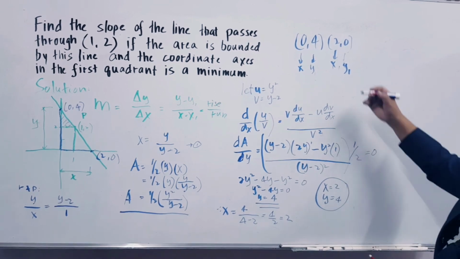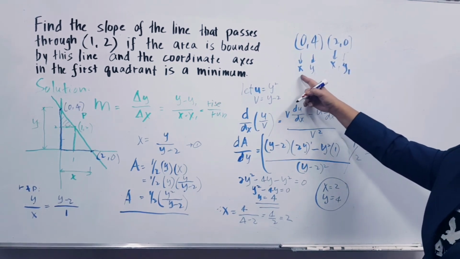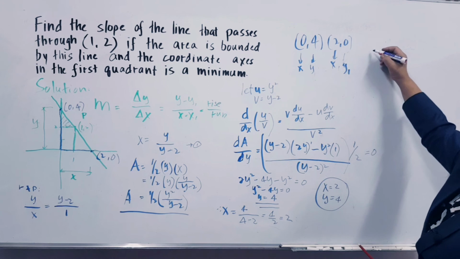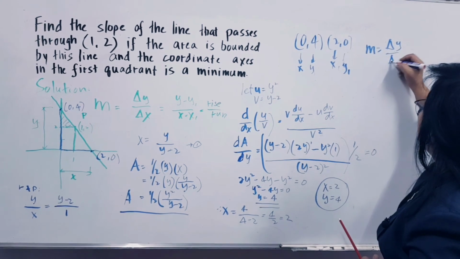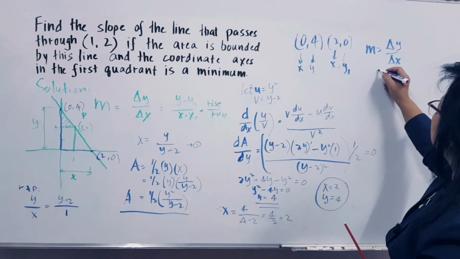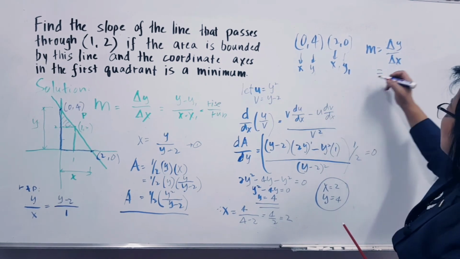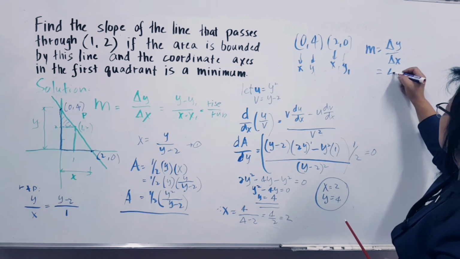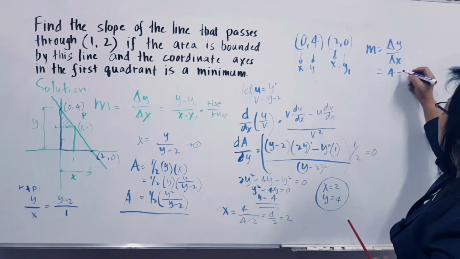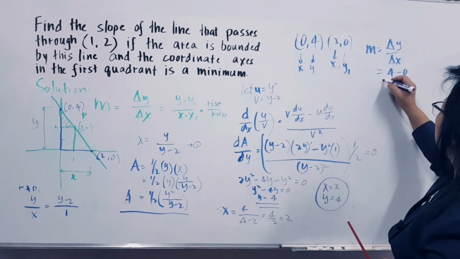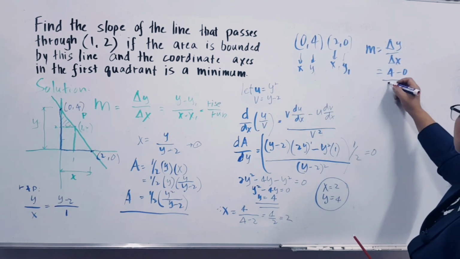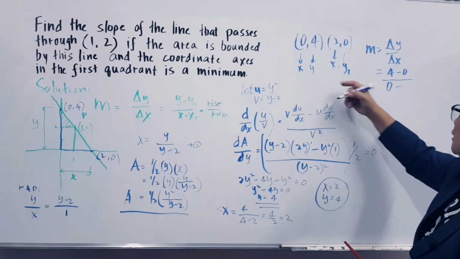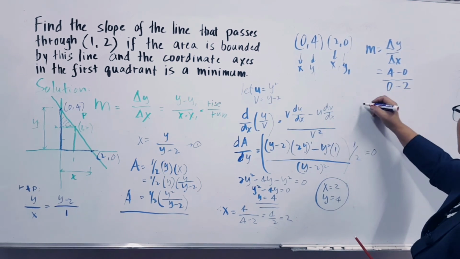So from here, we have x and y, and x1 and y1, therefore m is equal to the change in y over the change in x, which is y minus y1, which is equal to 0, over x, which is equal to 0, minus x1, which is equal to 2.